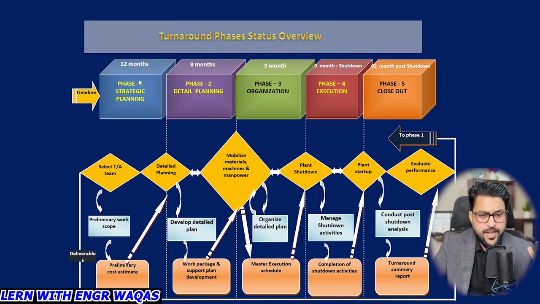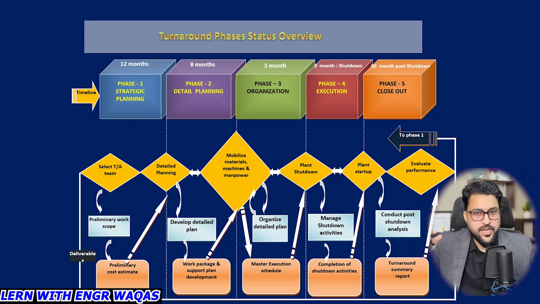First, 12 months before: let's say I have to start the shutdown next year in April. So in March or April, I need to give the TA team, the turnaround team, the preliminary work scope, higher level information about what I will be conducting, what the major criteria are, what major assets I need to maintain.